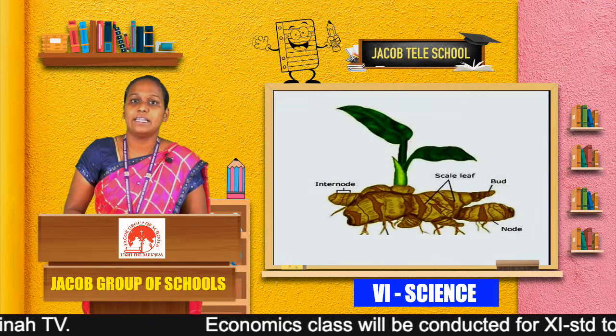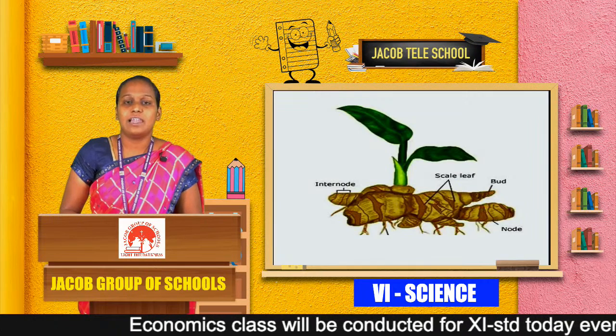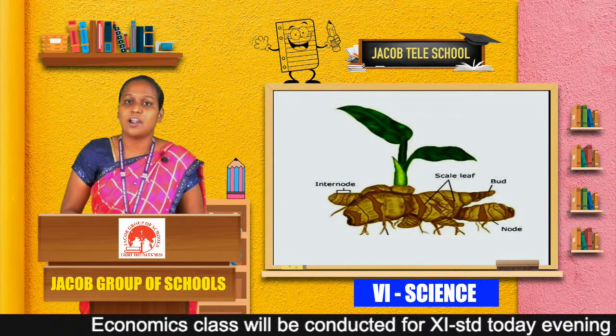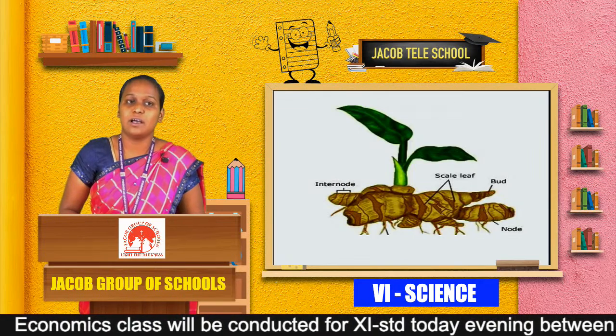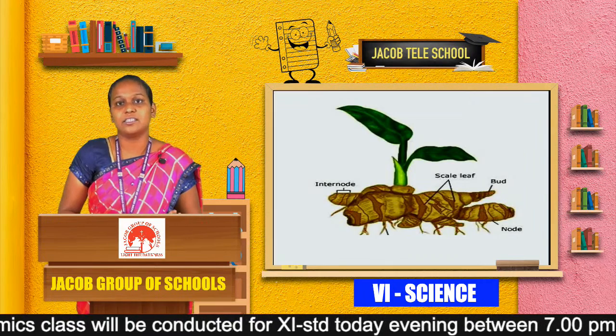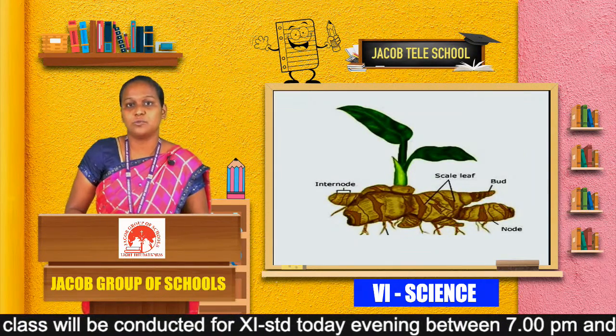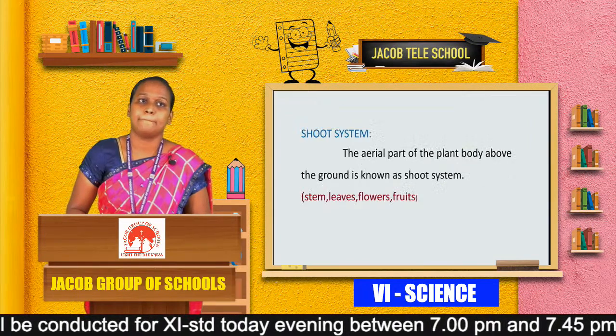Not only that, it has the scale leaf, and from the scale leaf, leaves will be arising. Leaves will start to grow. So the main thing, ginger is a stem, a modified underground stem. From this, what do you understand? Ginger is not a root, it is a stem.